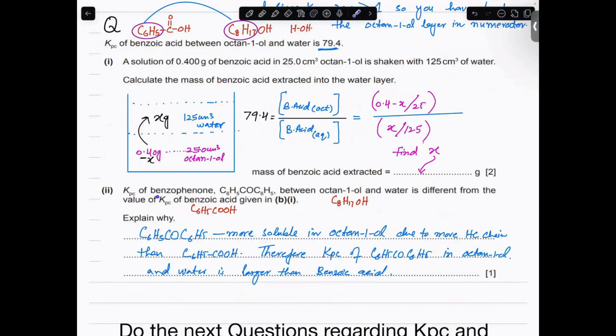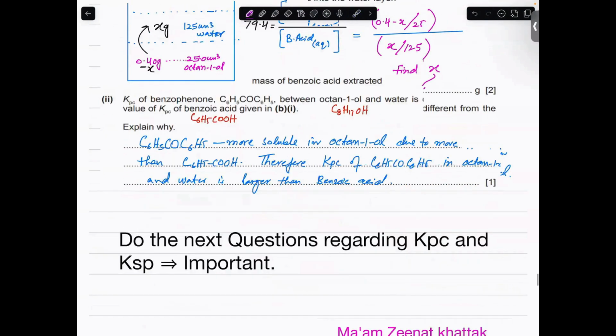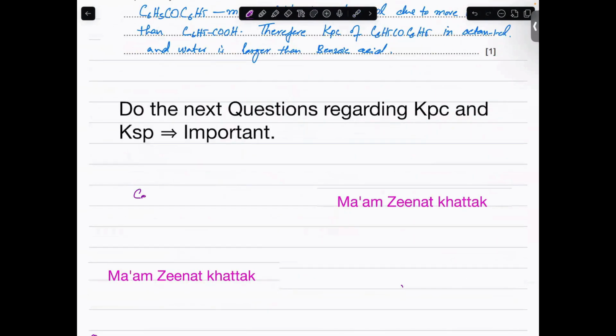The Kpc of benzophenone between octan-1-ol and water is different from the Kpc of benzoic acid. Look, benzoic acid with this and this, and now benzophenone with octan-1-ol and water. You're supposed to do this type of comparison. This is C6H5COOH.